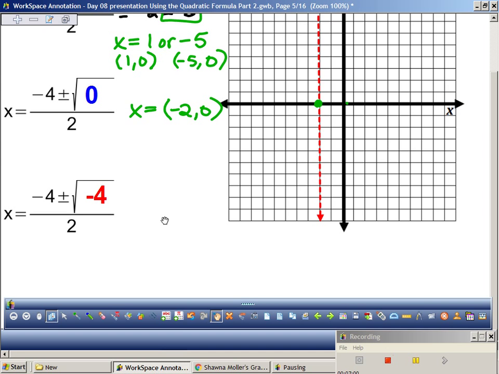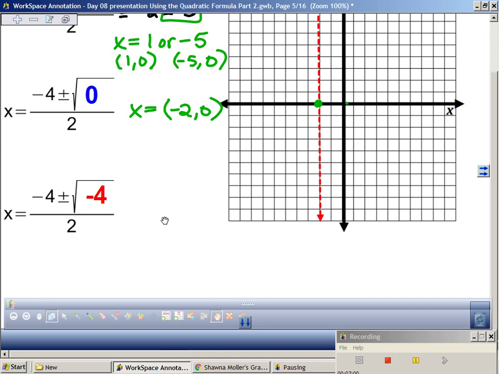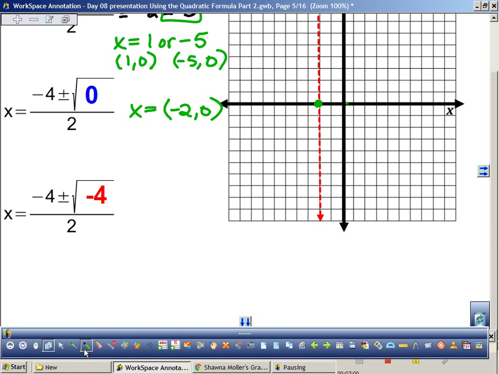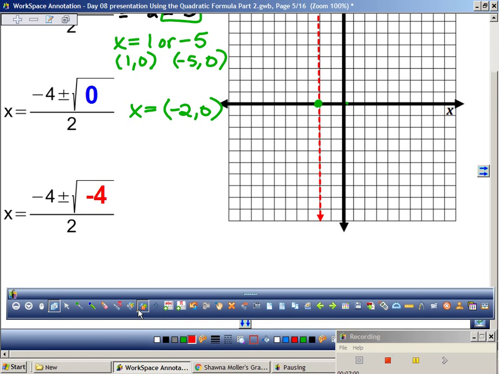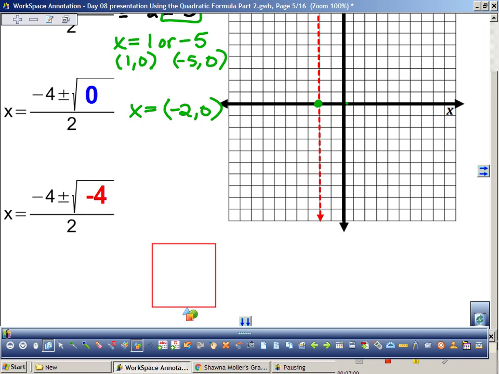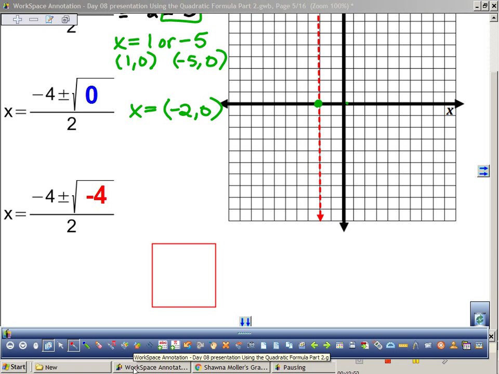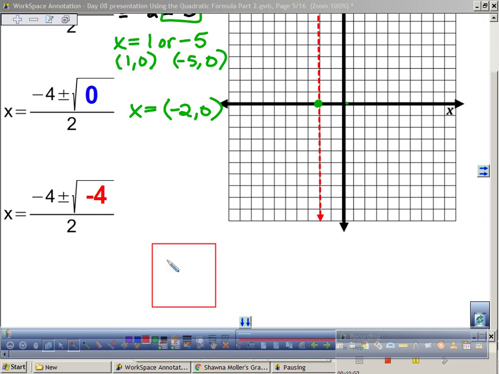What would this one look like? Well, let's talk about it. Mrs. Mahler talked about squares and square roots, and they're inverses of each other. So the conceptual representation of this would be that, right?